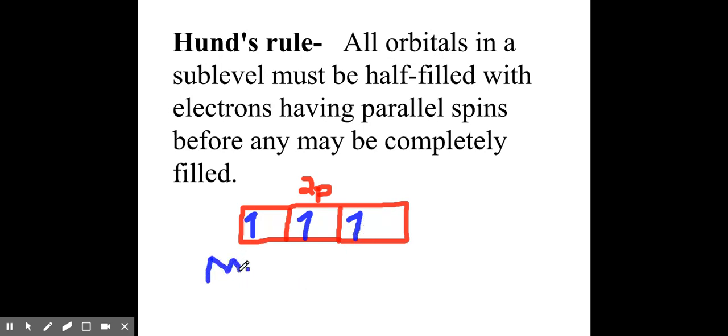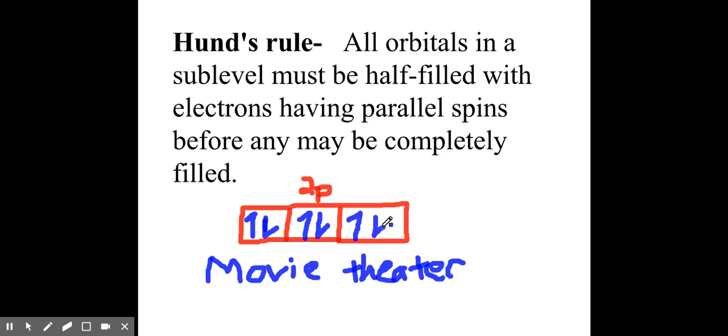I call this the movie theater rule. You can call it the movie theater. You know how whenever you go to the movie theater and you sit with 6 of your friends, and there are 6 empty seats. Well, the first 3 people are going to sit apart from each other, and then we'll start filling in right here.